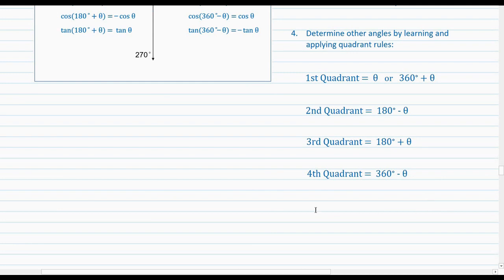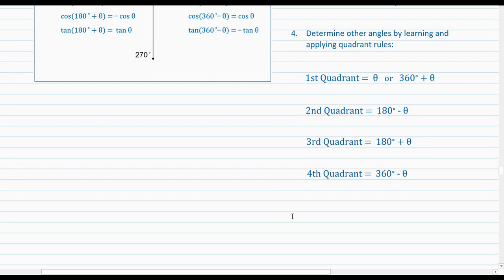So in this case, since we know that the function is positive in only the first and the second quadrants, we'll just apply the quadrant rules for those two. Therefore, the first angle that satisfies sine theta equals 0.5 is the first quadrant angle, meaning theta is equal to 30.